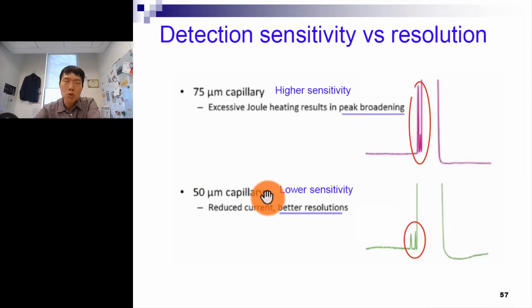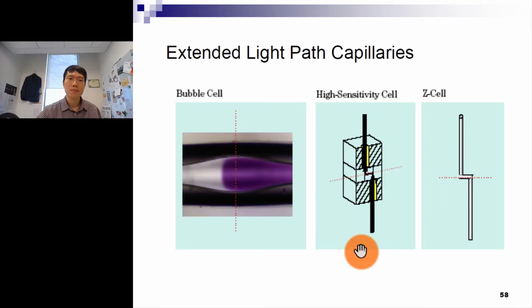To do that, you can reduce the internal diameter to about 50 micrometer. As we talked about in the last lecture, this is the commonly used ID for the capillary. Although it has a lower sensitivity, you have a better resolution, because the last thing we want to see is an electropherogram with overlapping signals.